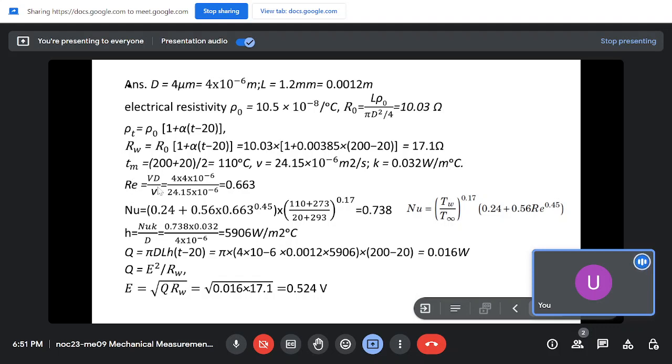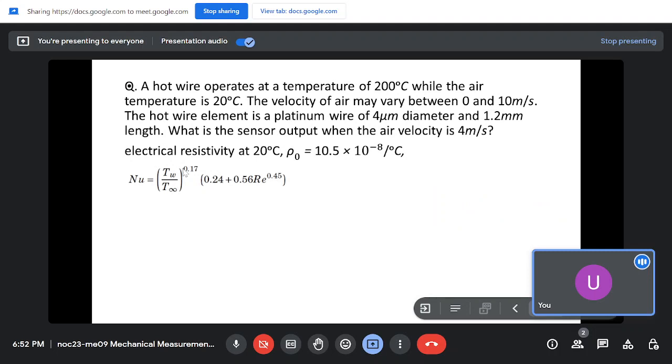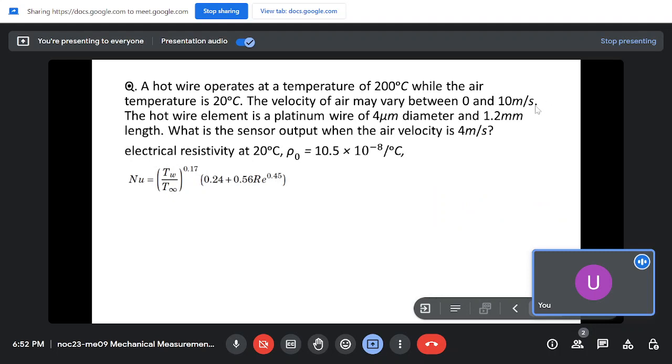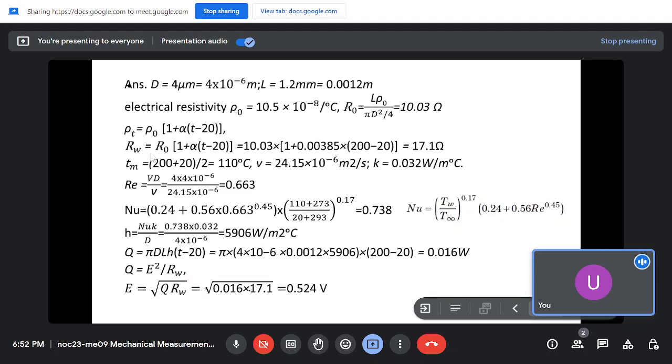So the Reynolds number is Vd by nu. We are assuming the velocity varies from 0 to 10 meters per second, so we assume V is 4. So 4 into 4 into 10 power minus 6 divided by 24.15 into 10 power minus 6. So we get a Reynolds number of 0.663.